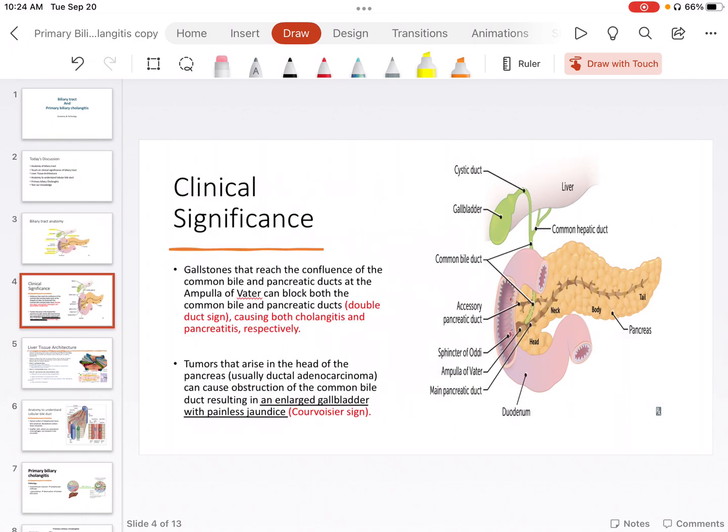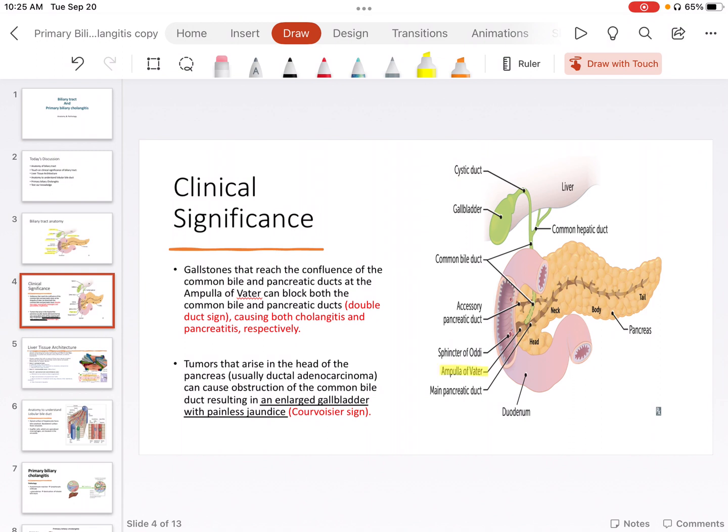This material is covered in First Aid. So this is the clinical significance of the anatomy we have just seen in the picture. If there are gallstones that reach the confluence of the common bile and pancreatic ducts at the ampulla of Vater, they can block both the common bile and pancreatic ducts.